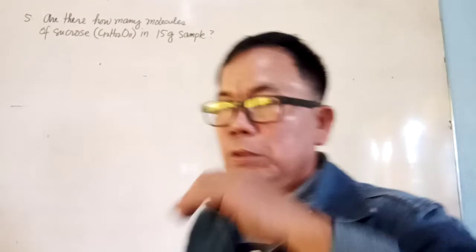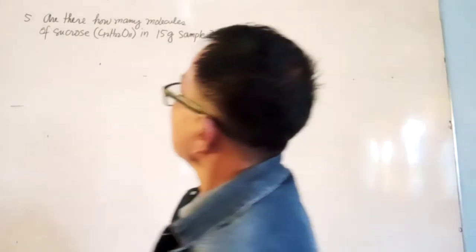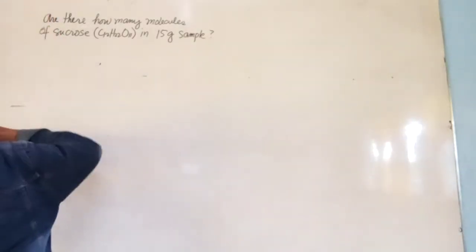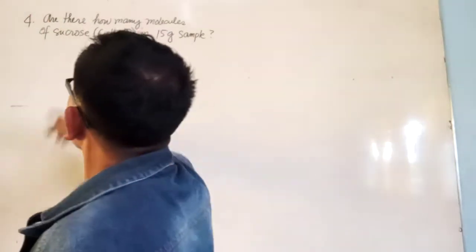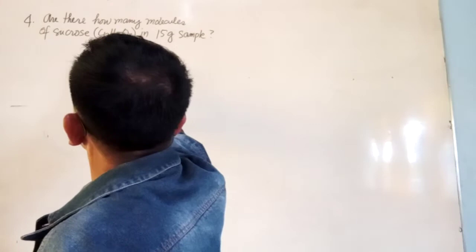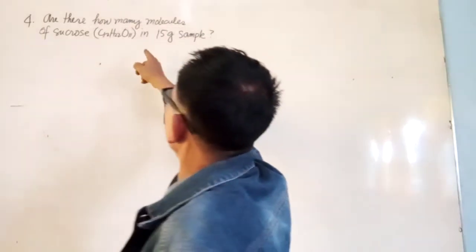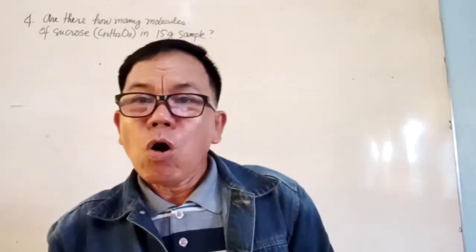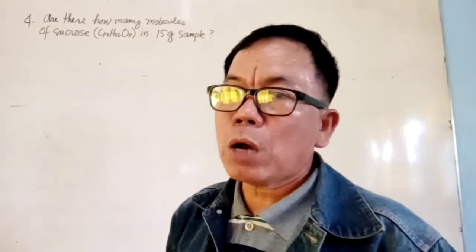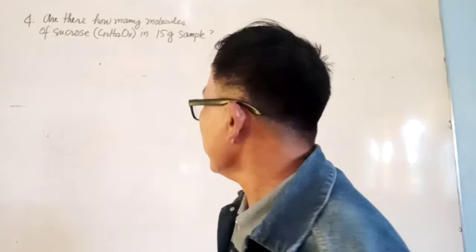Okay, now this is example number 4. The problem goes like this: how many molecules of sucrose, C12H22O11, are in a 15 gram sample? In 15 grams of sucrose. Sucrose is our common table sugar.